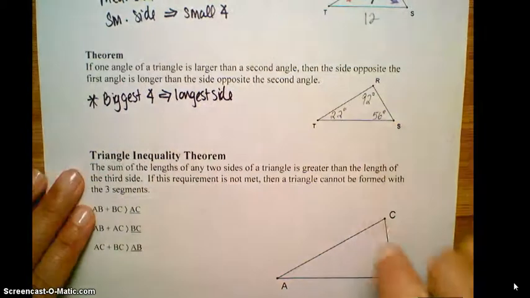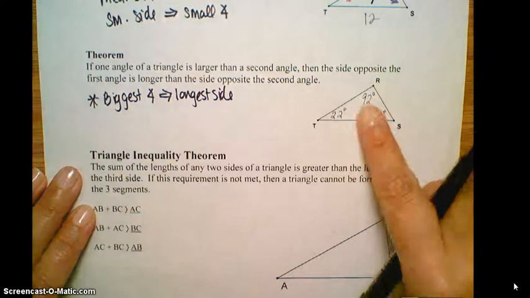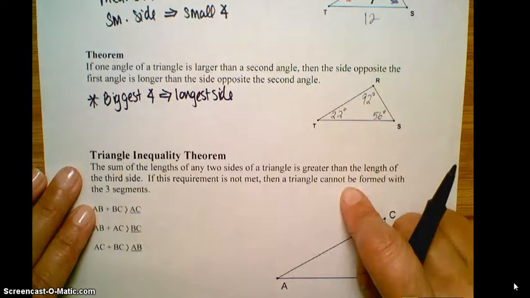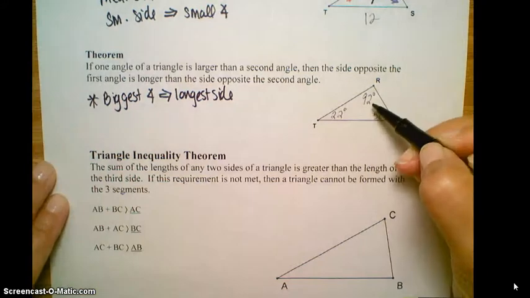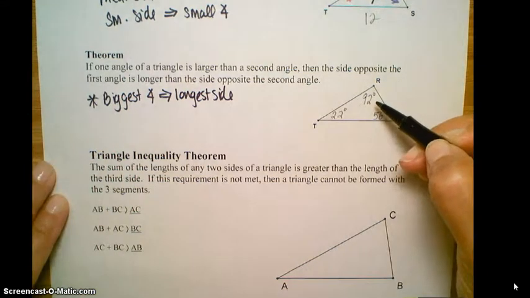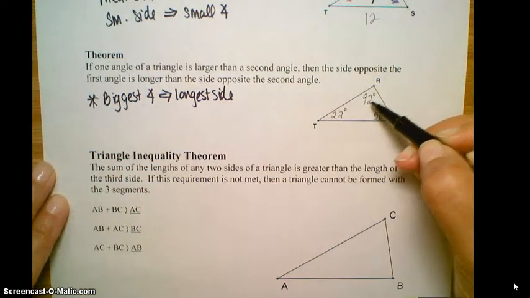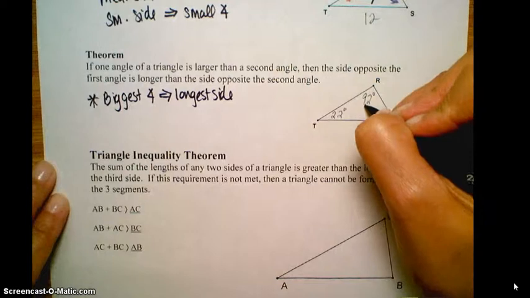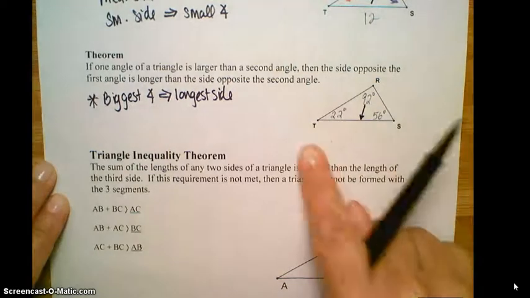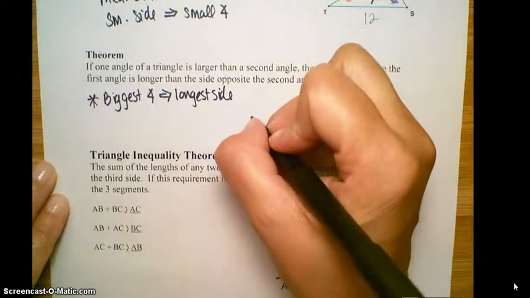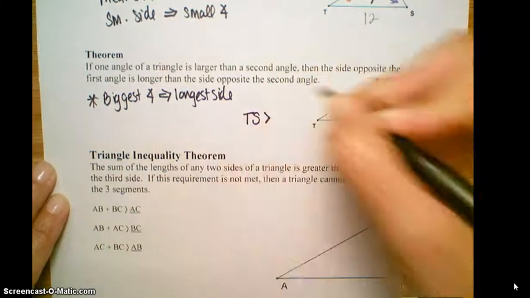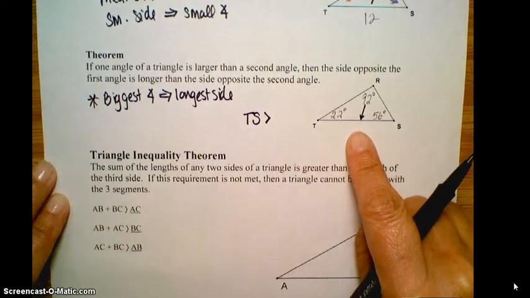So if we take a look at our picture, I went ahead and wrote in these three measurements for the angles of this triangle. So we start by picking out that 92 degrees is the largest angle. The side opposite from that will be segment TS. And therefore, segment TS will be the longest side of our triangle.